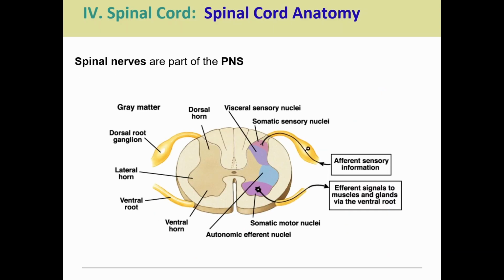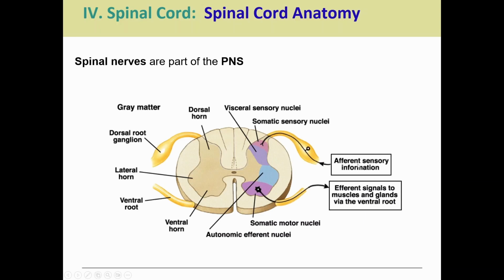So here's our spinal nerve. This is part of, again, our peripheral nervous system. So we have to talk about the link here. We can't really talk about the spinal cord without talking about nerves, which is why we're linking both central and peripheral together in this video. But if we look at how information passes, afferent sensory information comes in at the back, the dorsal root.